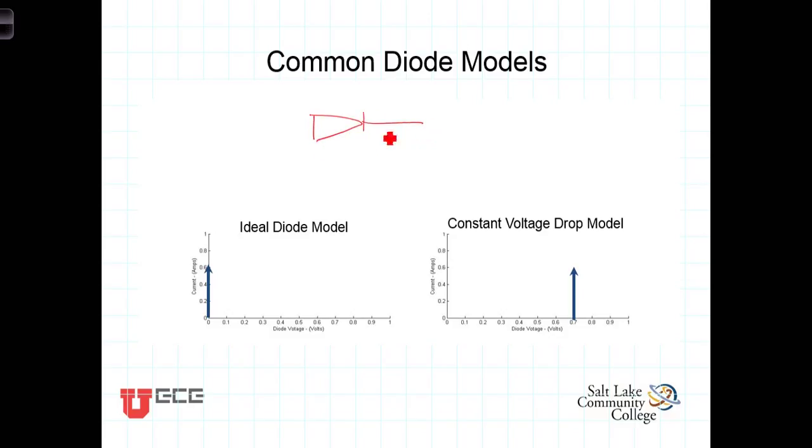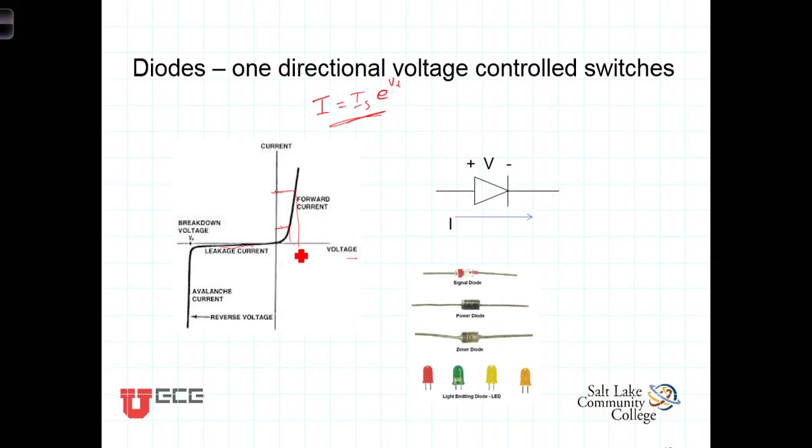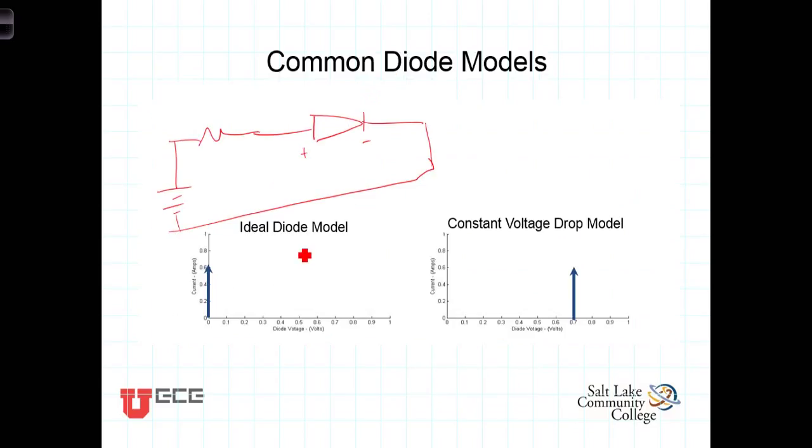We've got the diode. It's involved in a circuit that has a battery or some sort of a power supply associated with it. In the ideal diode model, we will be saying that the voltage across the diode is 0 volts. In other words, there's no voltage drop across the diode. In reality, we know from that previous slide that there is some voltage drop across it, and it's exponential in nature.